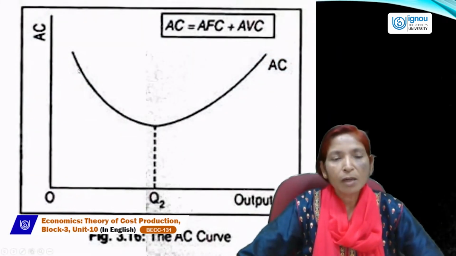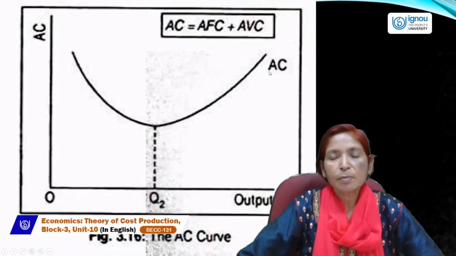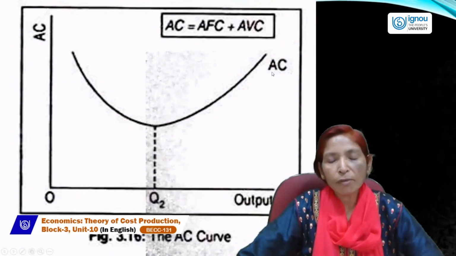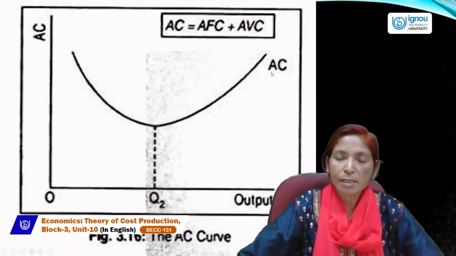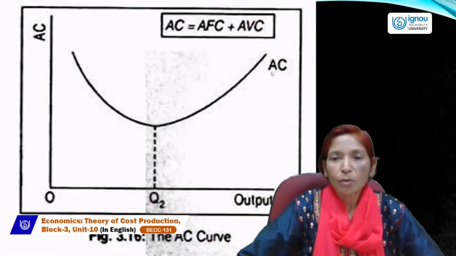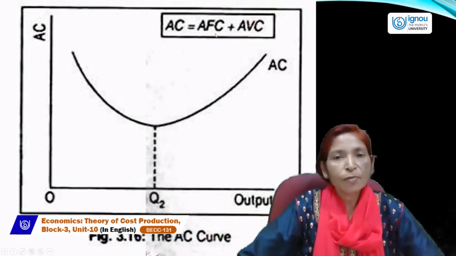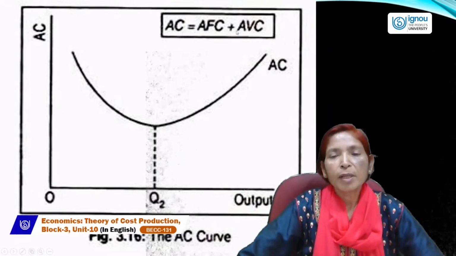The average cost curve is always a U-shaped curve, and average cost is known as the per unit cost of output. What is AC? AC is the per unit cost of output, and AC can be estimated by using this formula: AFC plus AVC.